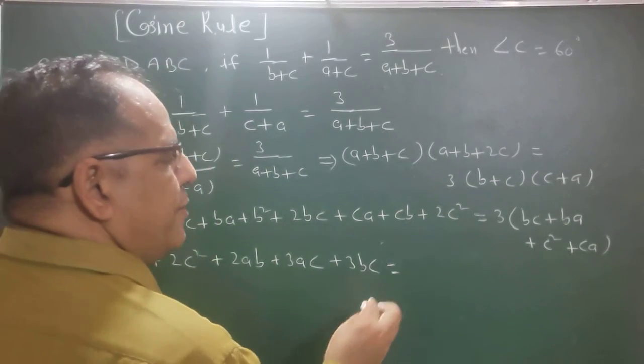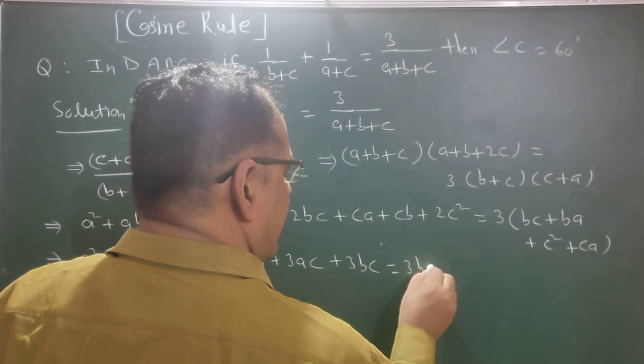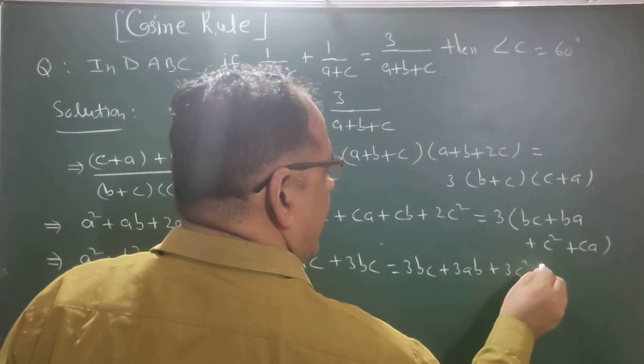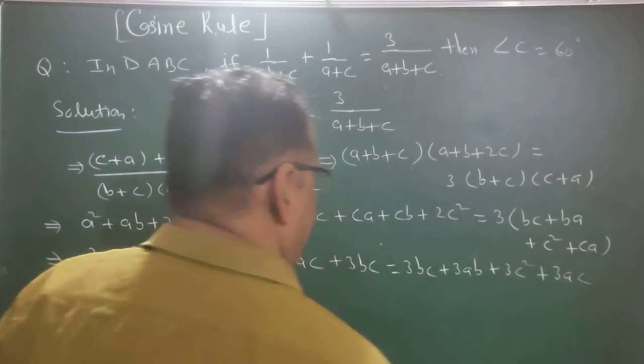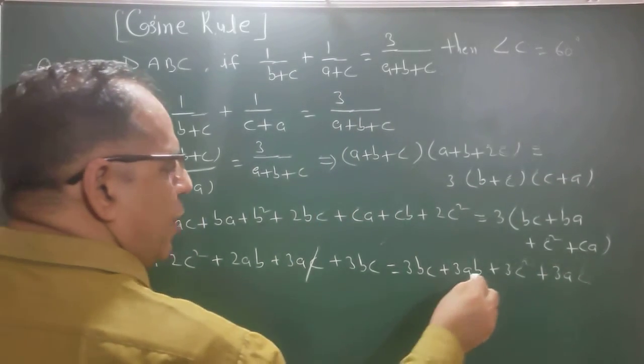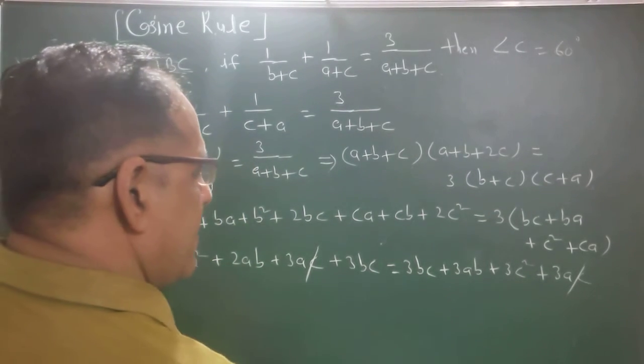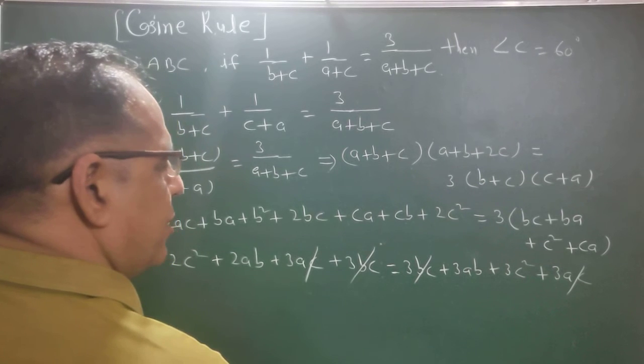In the right hand side we have 3bc plus 3ab plus 3c square plus 3ac. So now 3ac cancels out with 3ac and 3bc cancels out with 3bc.